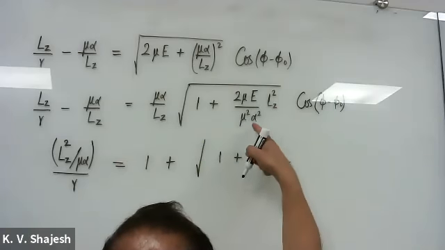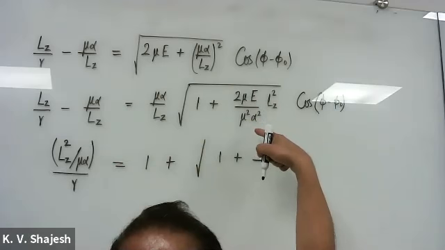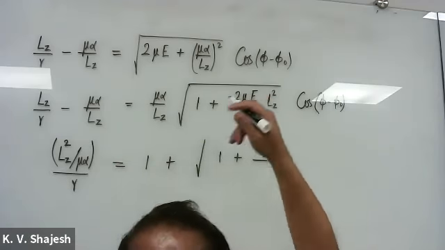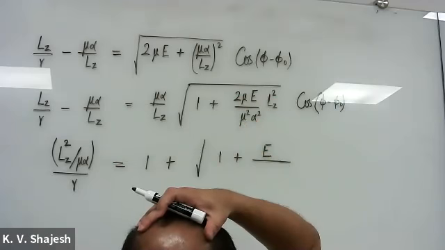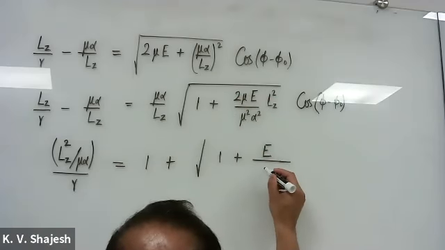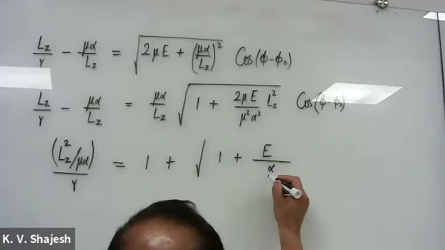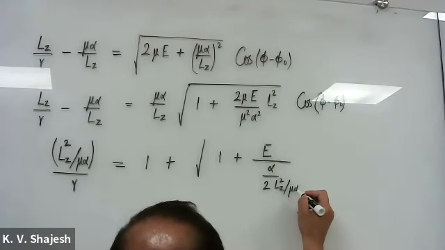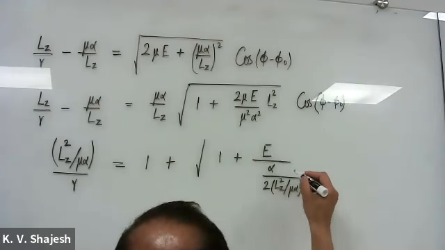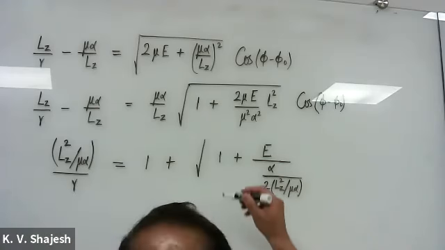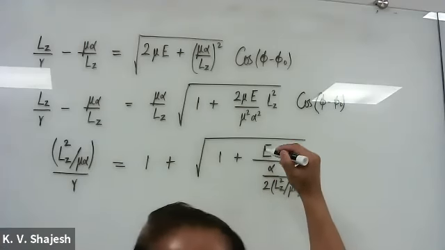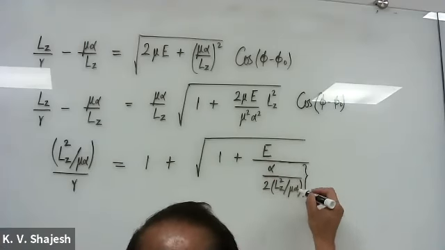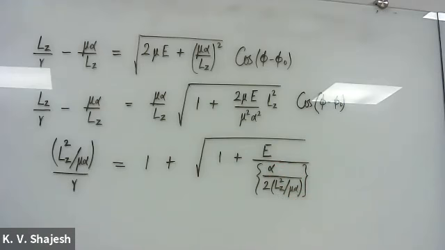So how I want to write this is one of the mu's cancels out, and I have alpha over 2 LZ square over mu alpha. If that makes sense. Just a way of writing it, but it'll have meaning.